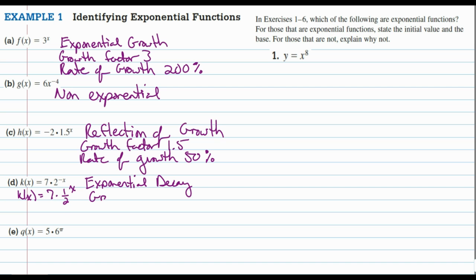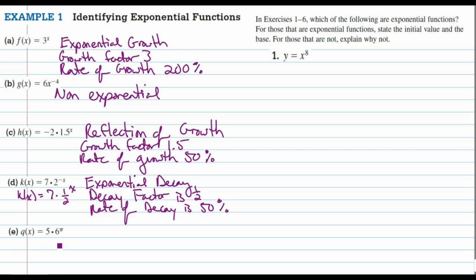And that means the growth factor, no, decay factor this time, oops, decay factor is 1/2, which then means its rate of decay is 50%. I'm only going to have half of what I had today.